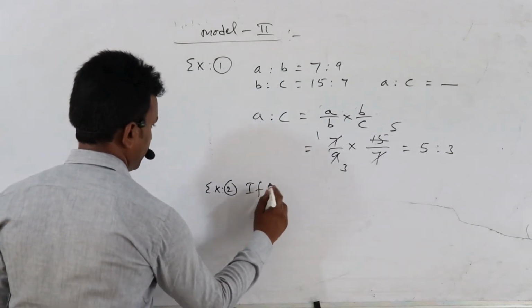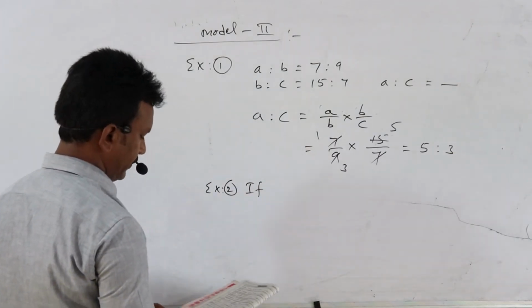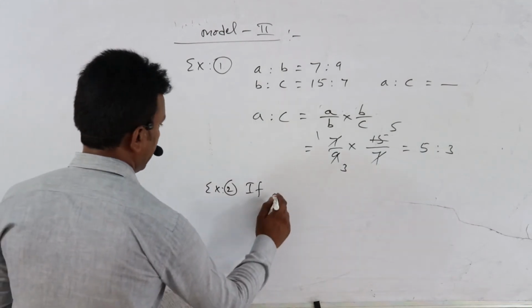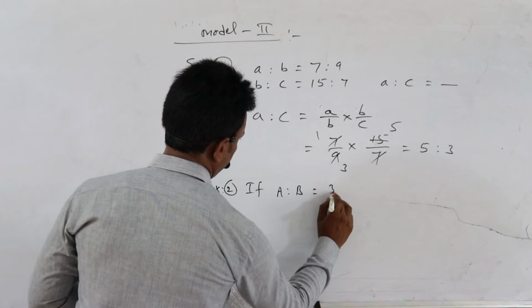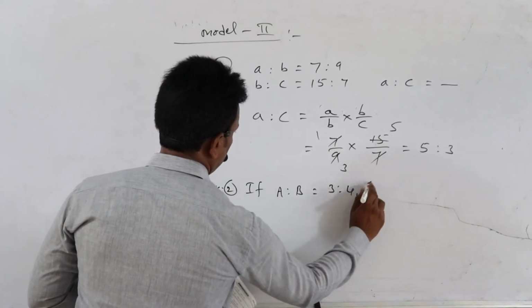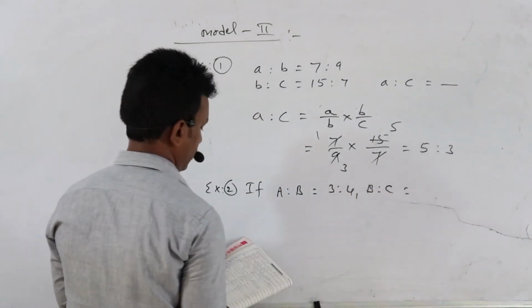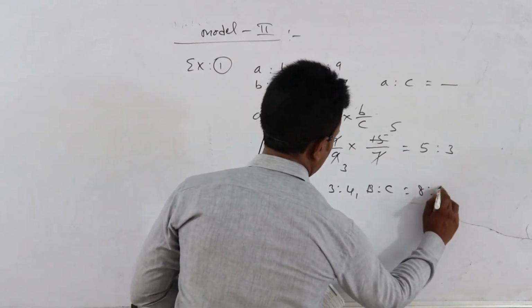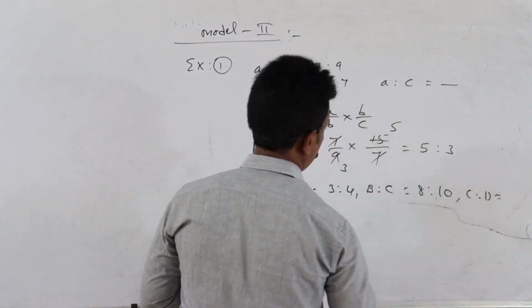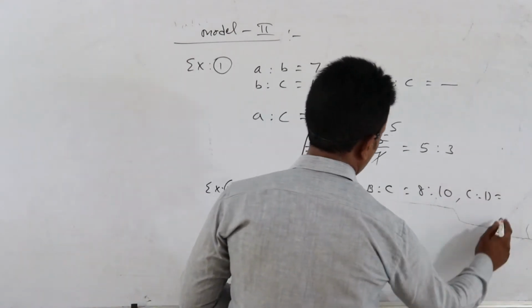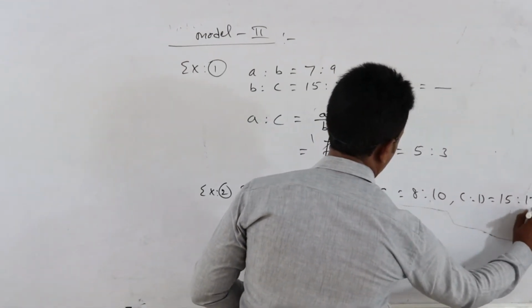Next, another example, model 2, example 2. First we write the given ratios. A is to B is equal to 3:4, B is to C is equal to 8:10, and C is to D is equal to 15:17.